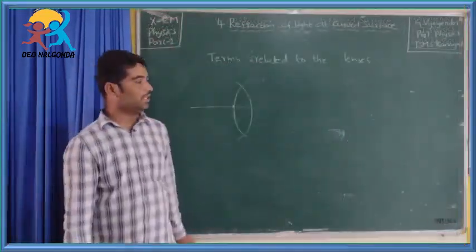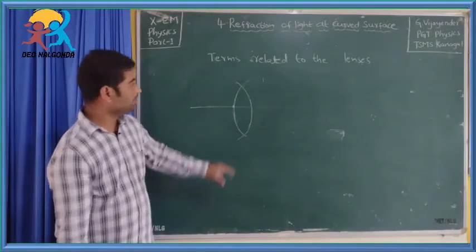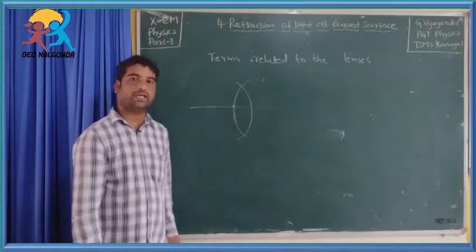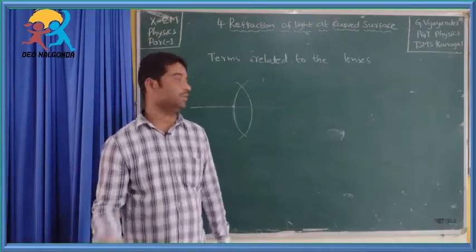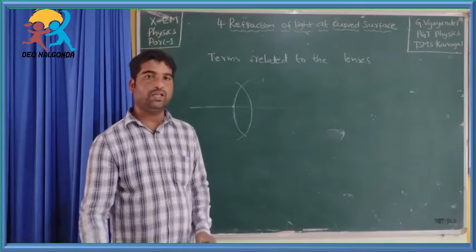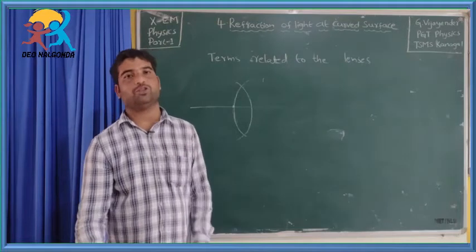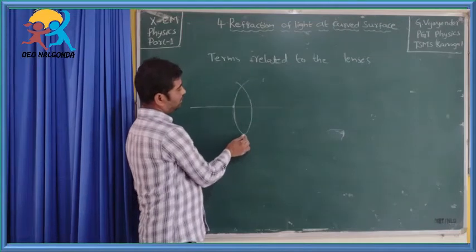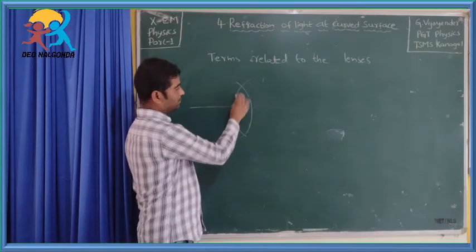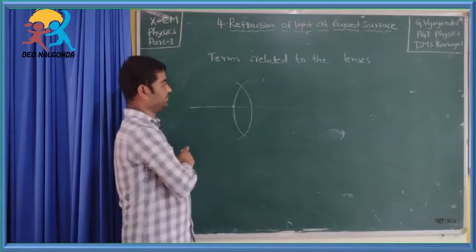Terms related to lenses. Here we especially discuss convex and concave lenses. These two lenses are made from spheres. This is the convex lens, with one convex surface and another convex surface.